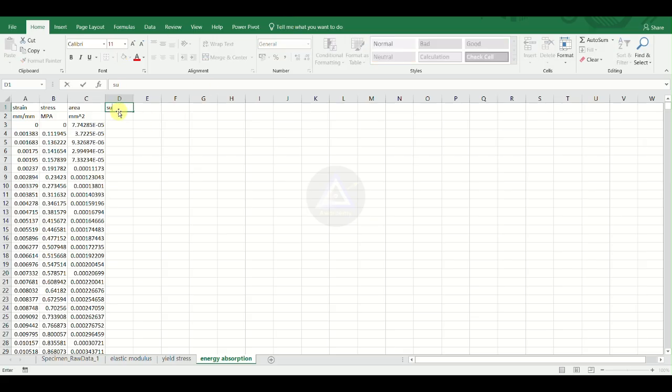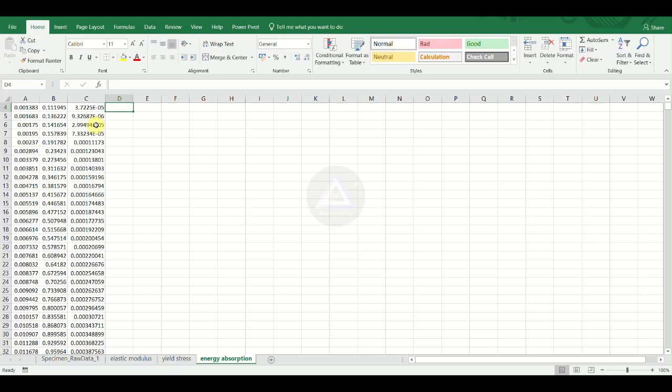Now we need to measure the sum of the area. You can use this relation as it is. For the sum of the area, we can use the sum function.